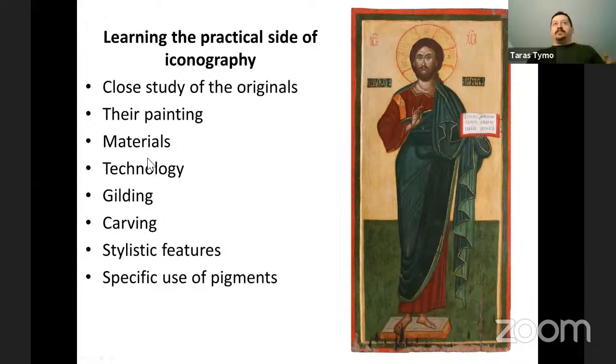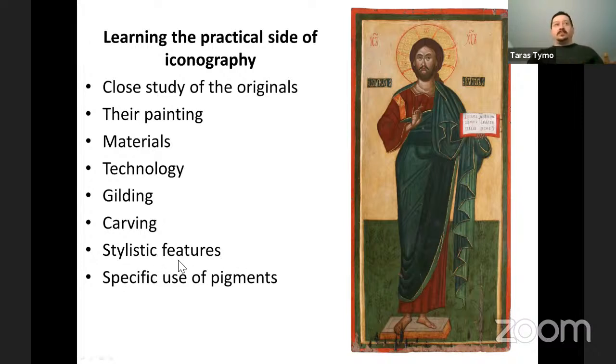So we study the painting, we study materials, chemistry of the icon, technology, how different pigments were applied, how gilding is made, and so on. We study carving, because sometimes, as you can see here, the halos or backgrounds of the icons can be carved in different techniques.